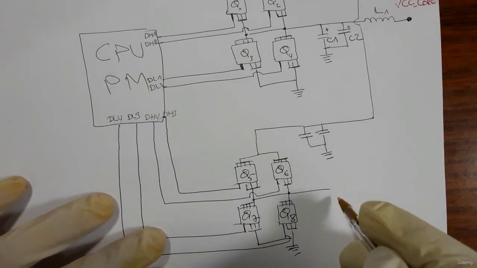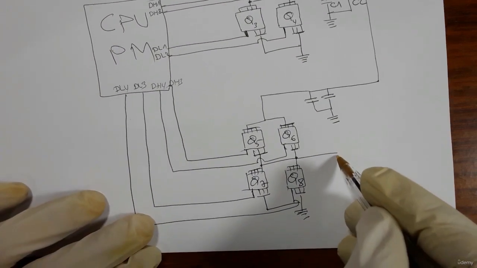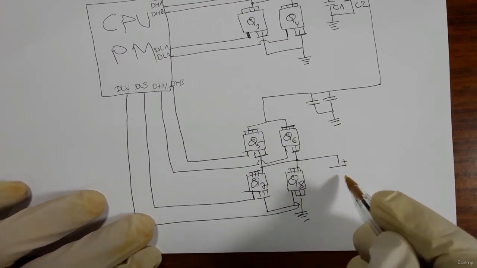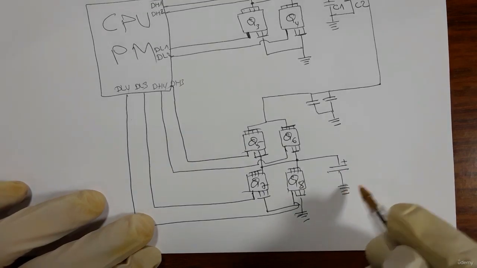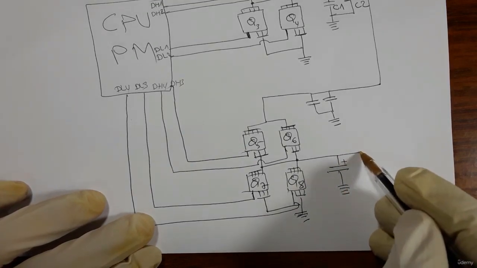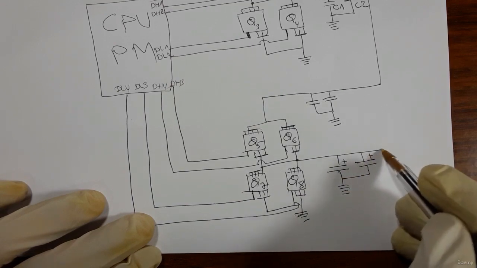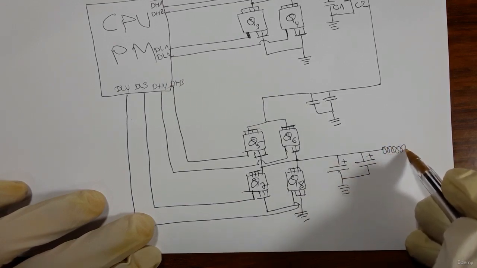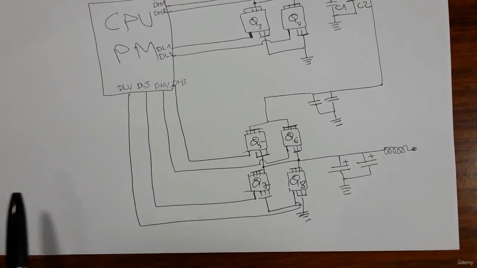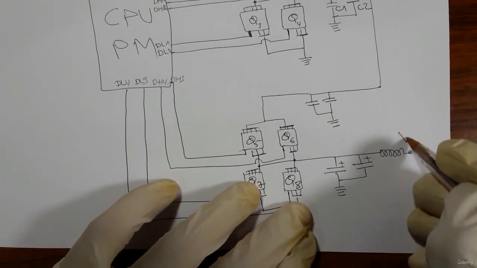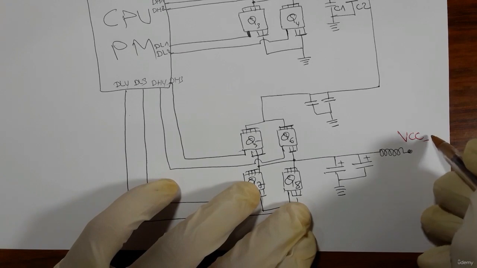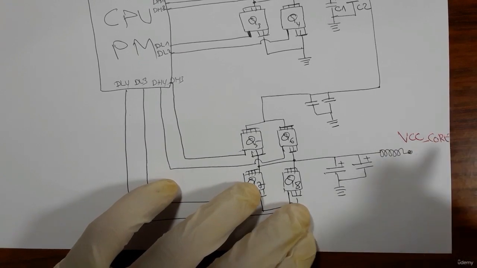So we have here the chemical capacitor of the second channel, connected to the ground. Okay, and also another chemical capacitor connected to the ground, and then we have the coil here, and here we have the VCC core. Also here we have the VCC core for the CPU.